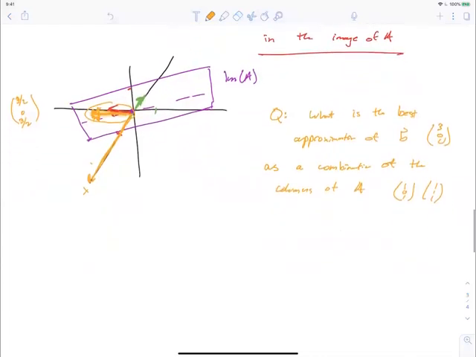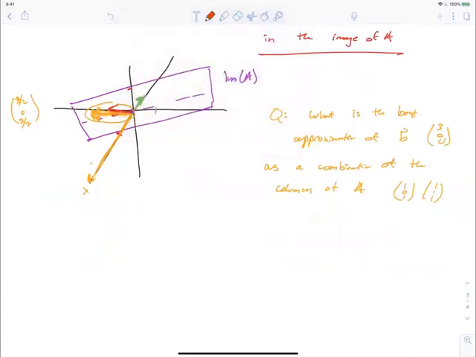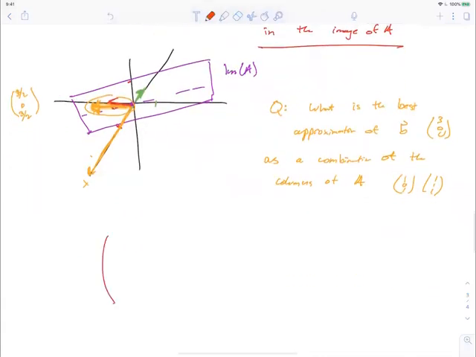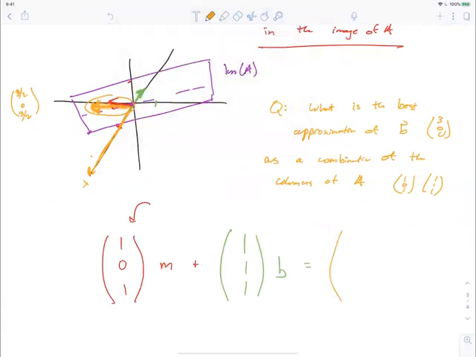And why does this all come into play? Keep in mind, what are these two vectors here? This one corresponds to M, and the second one corresponds to B. So if this is equal to 3/2, 0, 3/2, how do we get that?